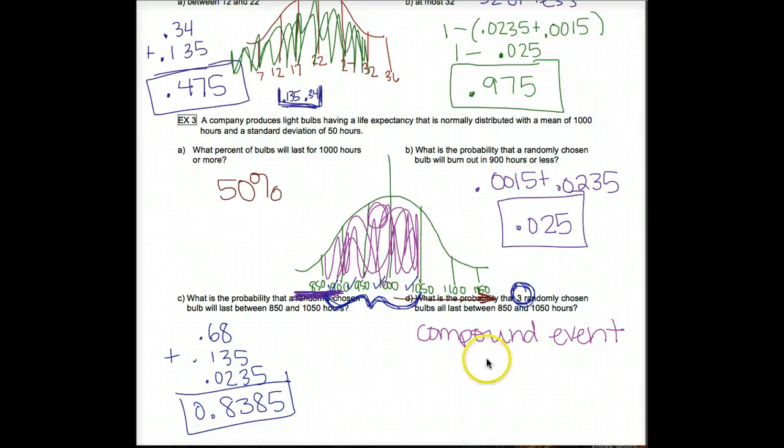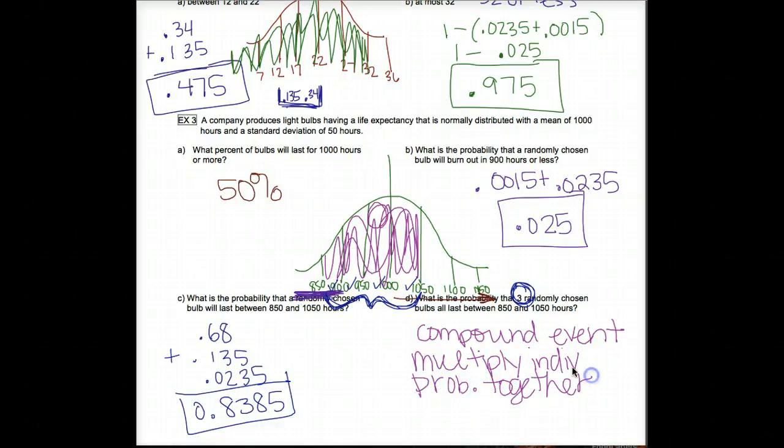And when you have a compound event, because you're doing the act 3 times, you're choosing a light bulb 3 different times. So the event originally has a probability of 83.85% or 0.8385. When you have to have that happen 3 times, then what we have to do is we multiply the individual probabilities together.